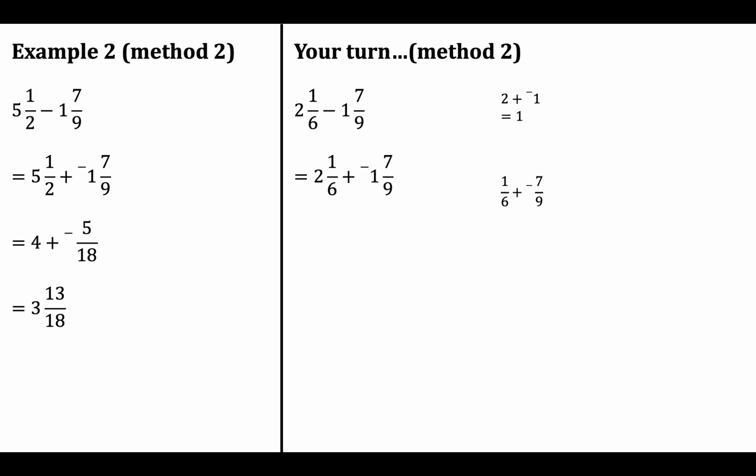Well, we need to express these again in terms of 18, because that's the lowest common multiple of 6 and 9. So we have 3/18 plus negative 14/18, and that gives us negative 11/18. So back to the original question, we've got 1 plus negative 11/18, which is the same as 7/18.